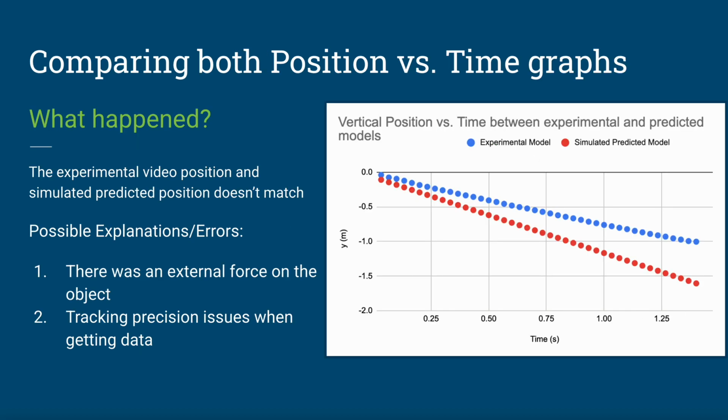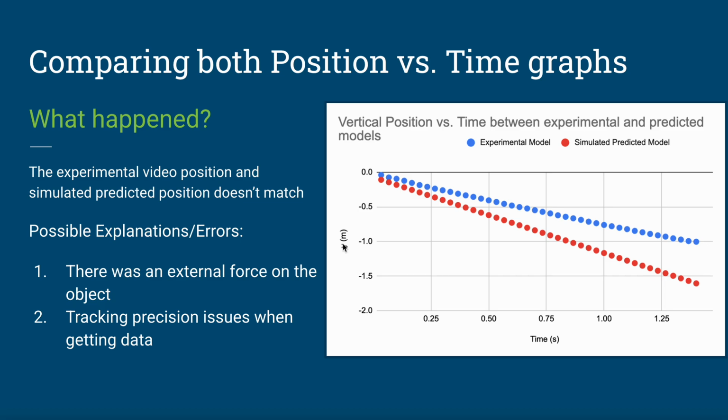So when we actually run this simulation, we can get data that we can put into a position versus time graph. Here is a chart that has both the experimental model, which is the video that was just shown, and we can also see the simulated predicted model. We can see that there's a little difference here. There are some explanations for this.